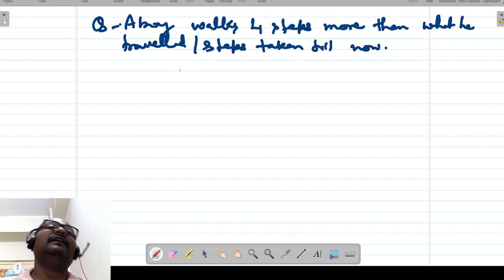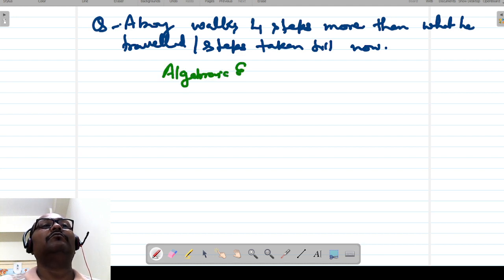So we need to write the algebraic expression, right? How will the algebraic expression be written? The algebraic expression will be written as the boy is walking 4 steps more than what he traveled.